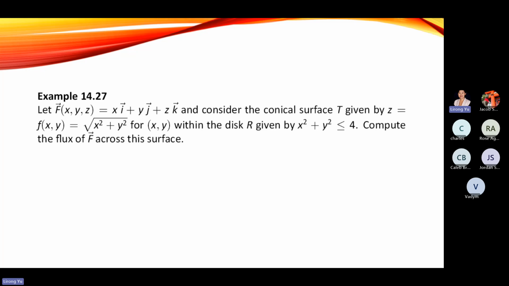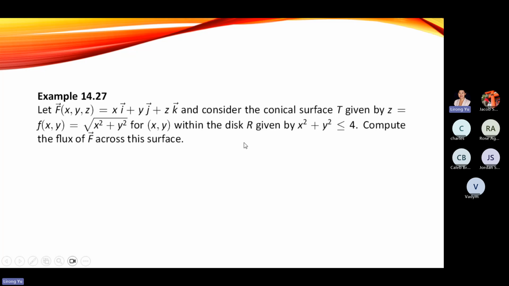We have a vector field that's really the position vector. The three-dimensional position vector is x, y, z. x is the first component, y is the second. So this is an outward vector going out. And then this surface is a conical surface, the surface of a cone. z equal to root of x squared plus y squared is a 45 degree cone.